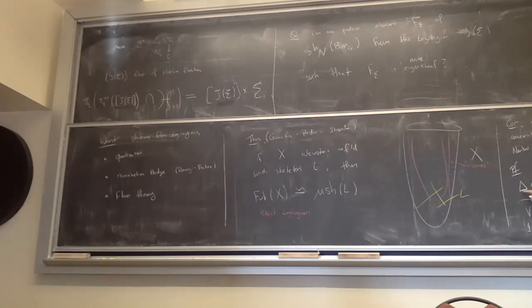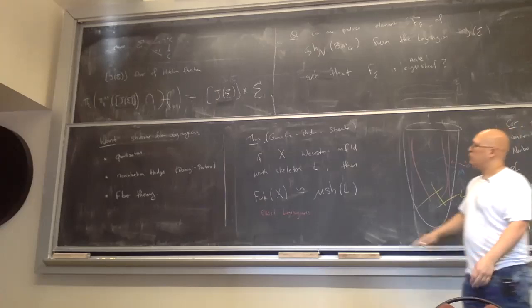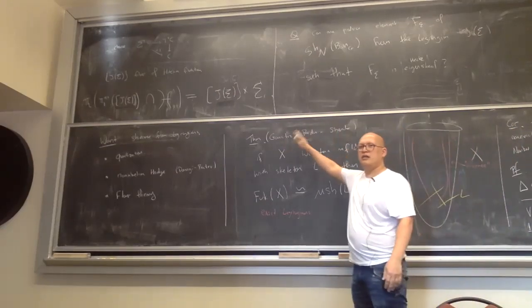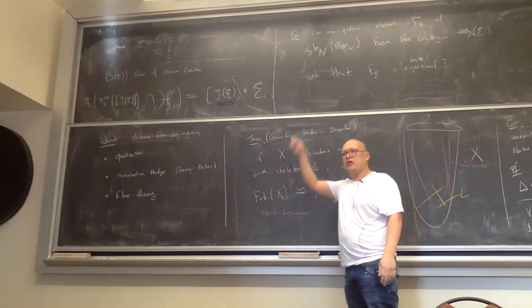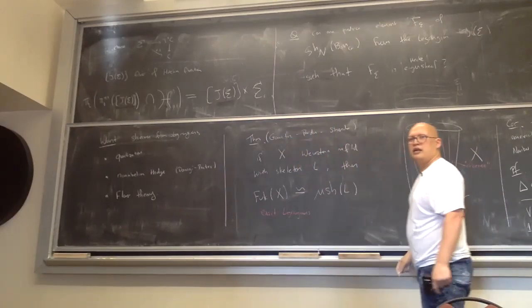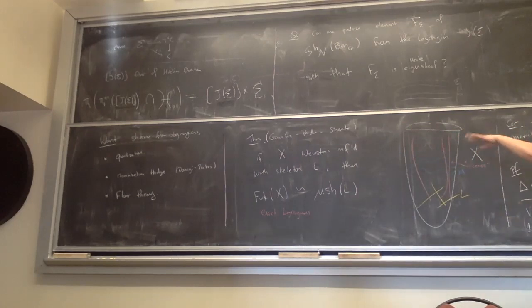And so since this is exact, I can apply whatever theory I had before to the diagonal itself. And it turns out that part of the proof of that theorem is that when you have this kind of Weinstein manifold, its Fukaya category is generated by cocores.